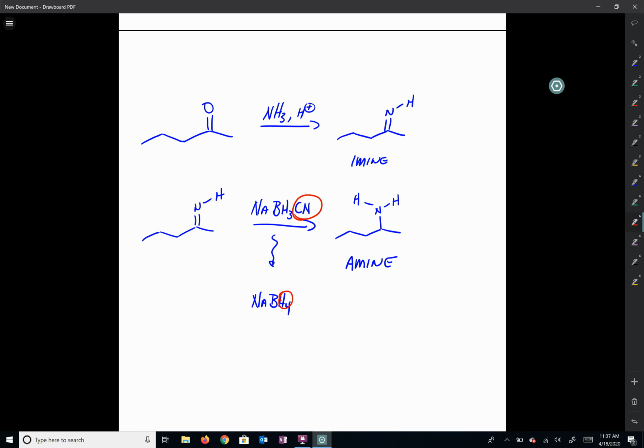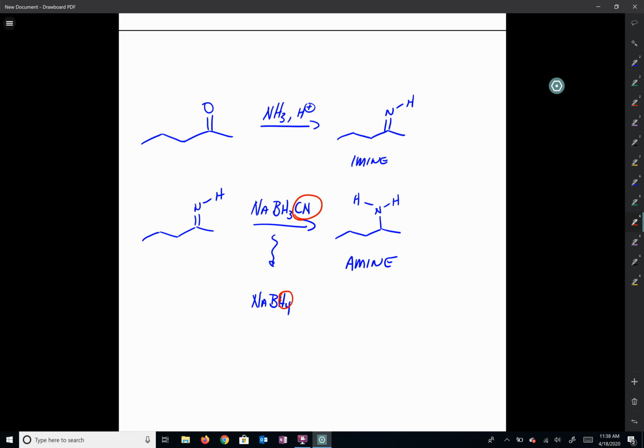I don't want to say decrease the reactivity, although that would be a fair statement. We just change it so that this reagent is fairly selective towards reduction of imines. I'm not saying it won't react with other stuff, but it will selectively go after an imine over a ketone.